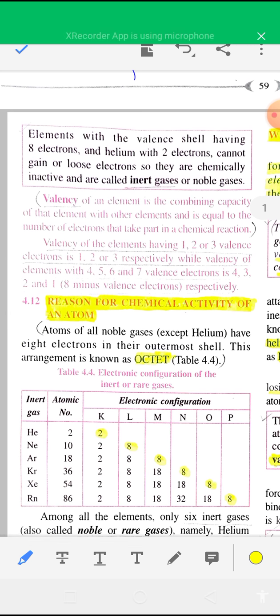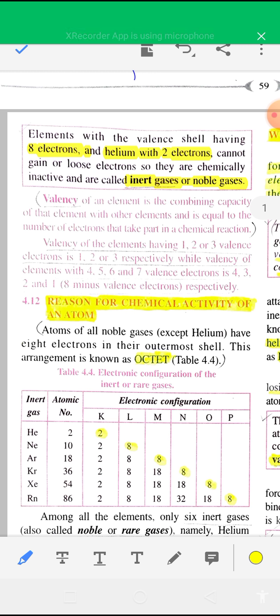Now see, elements with a valence shell having 8 electrons, and helium with 2 electrons, cannot gain or lose electrons, so they are chemically inactive, and these are known as inert gases or noble gases. You know the noble gases or inert gases: helium, neon, argon.